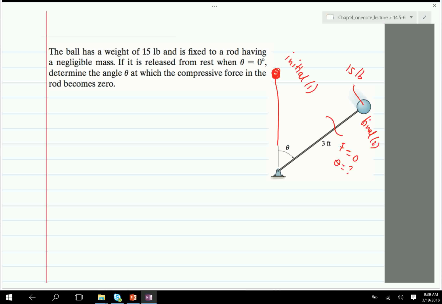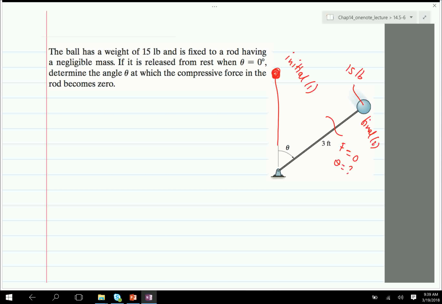So a problem like this can be done using F equals ma. If you set up this equation, what you need to do is draw the free body diagram of the system, find the force, and once you find the force, you need to find the conditions under which it's going to be 0. That will give you a solve for theta. So as I said, it can be done using F equals ma.